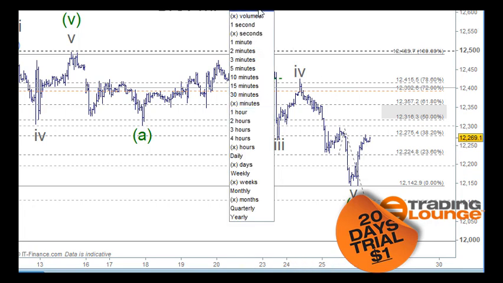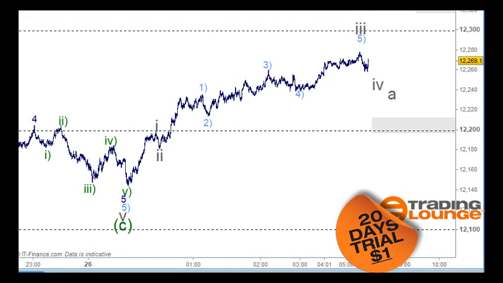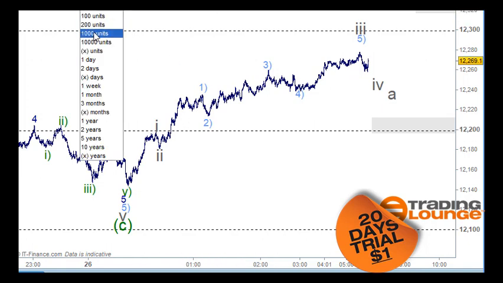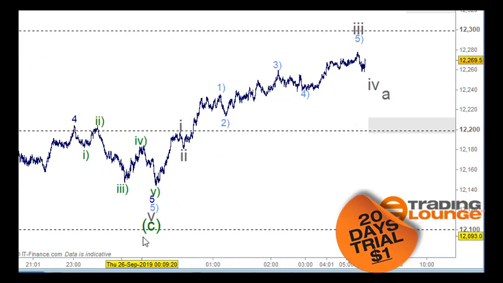So on the tick chart here, the 100 ticks, let me just get a little bit more data in here, so we've got our bearings. This is the low that we're looking for, as wave C or 4.